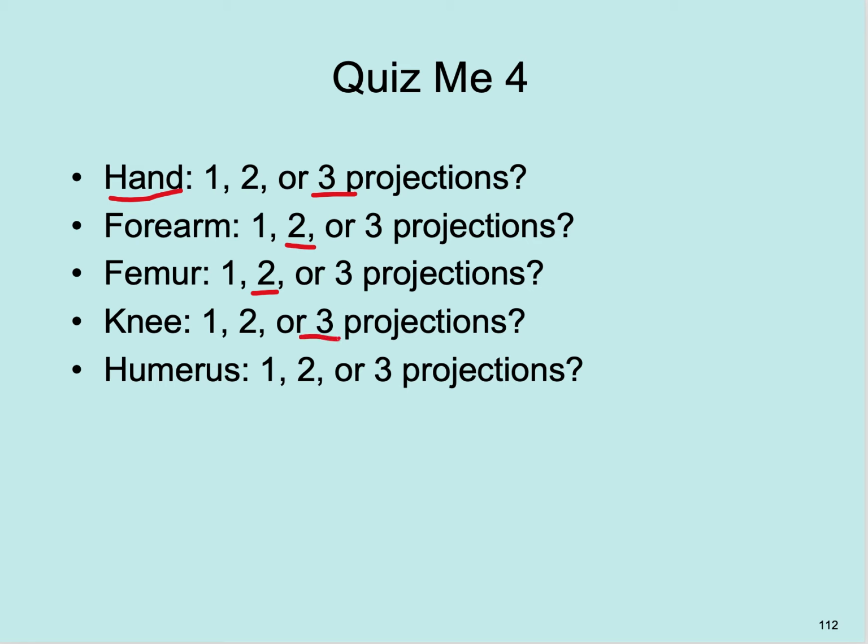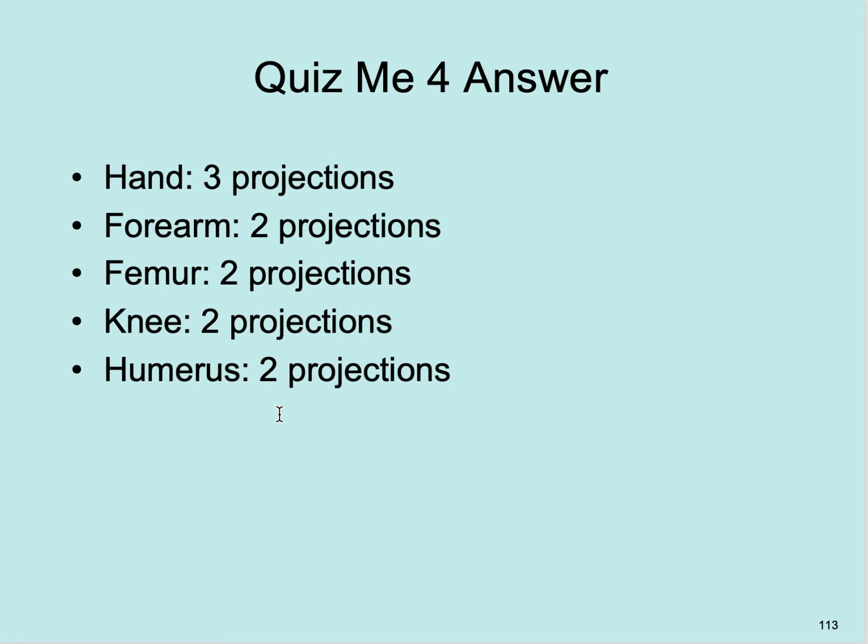So that's 3. Humerus, once again, that's a long bone. That's 2. Just remember, on the long bones, you need both the distal and the proximal joint. So, hand, as we said, that's the 3 projections. The forearm, that is the 2 projections. The femur, 2. Knee says 2 projections.